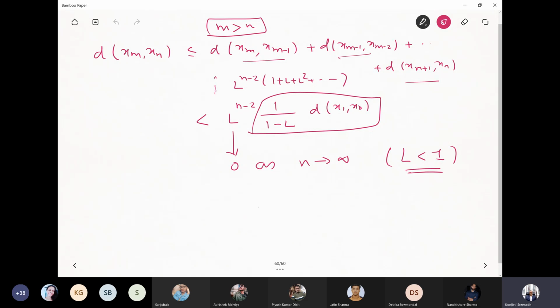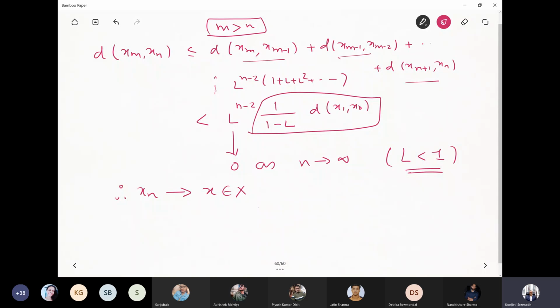So it's the same thing that is happening here. The same calculations we do in the case of sequences with the modulus, we are doing here with d. That's all. Therefore, xn is a Cauchy sequence which converges to x.